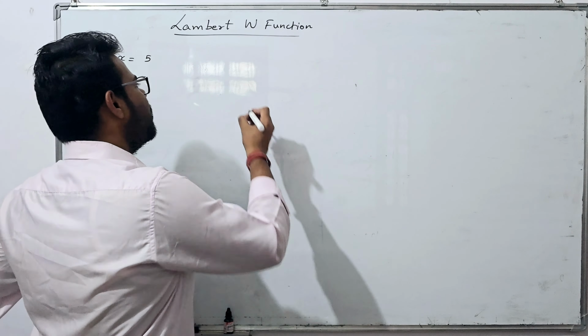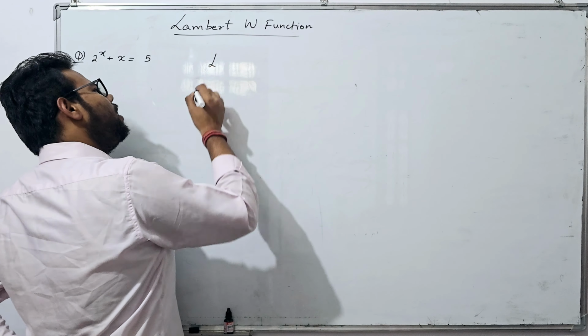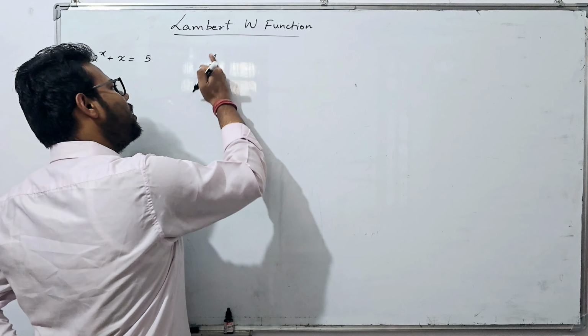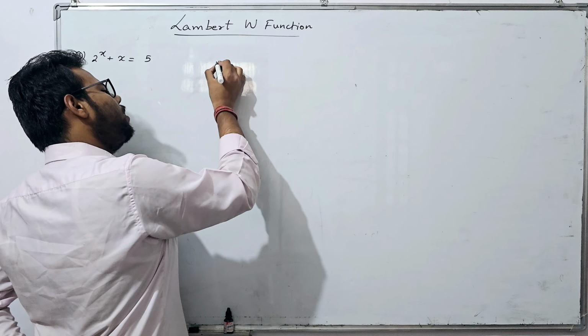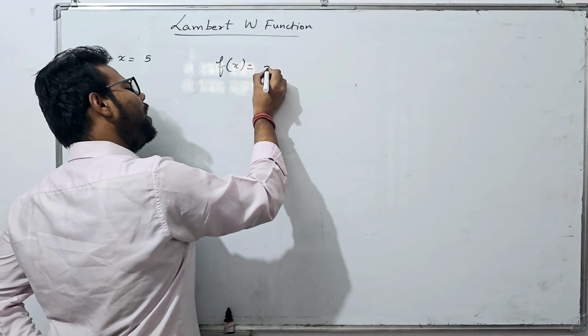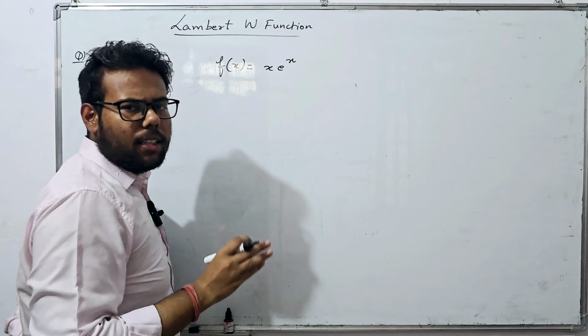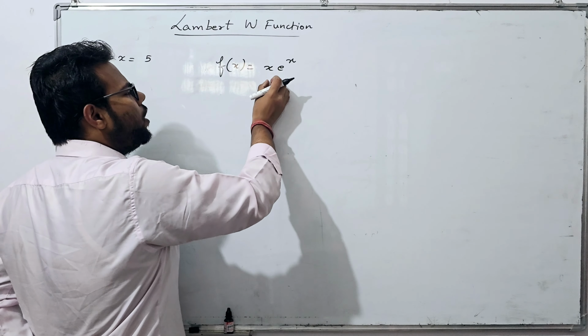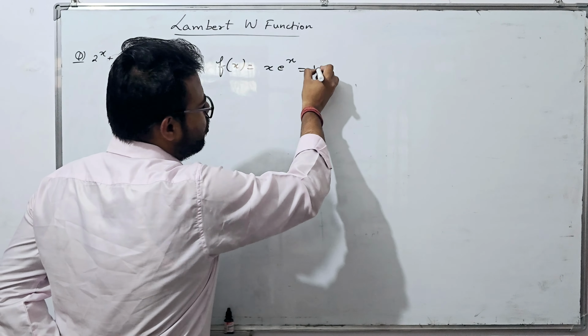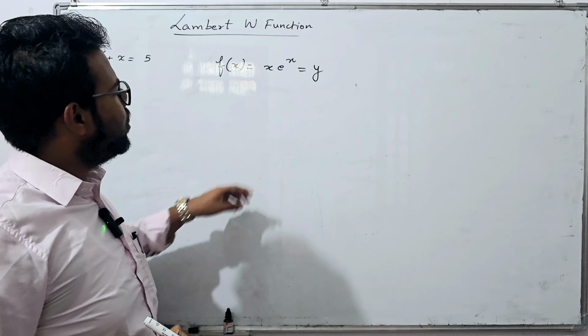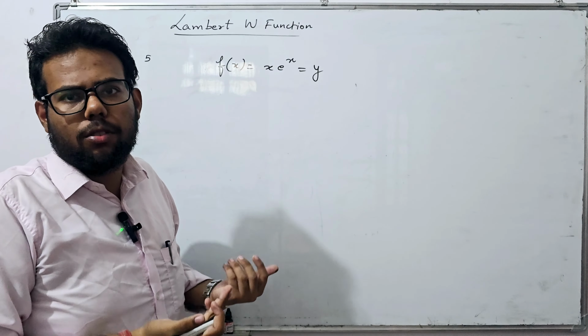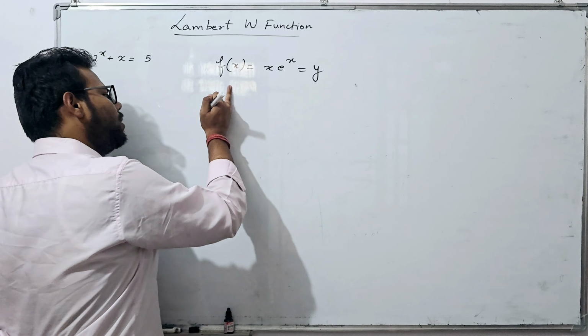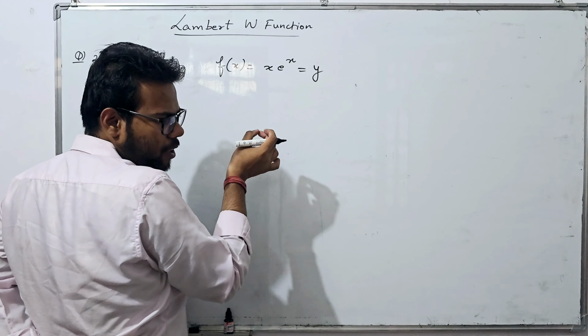So let's see. What does the Lambert W function state? It states that suppose you have a function f(x) is equal to x times e raised to the power x. Suppose you have to find the value of x, and suppose it is equal to y, and you are set to solve for x. How will you solve it? There is a function which you can use.